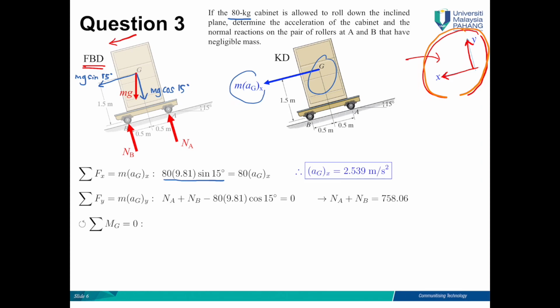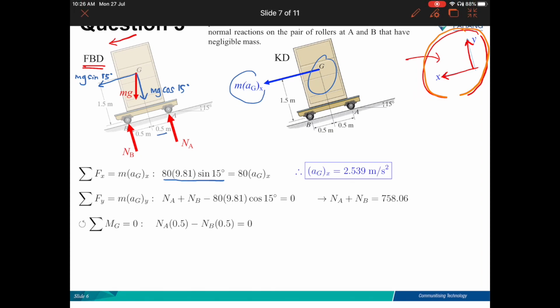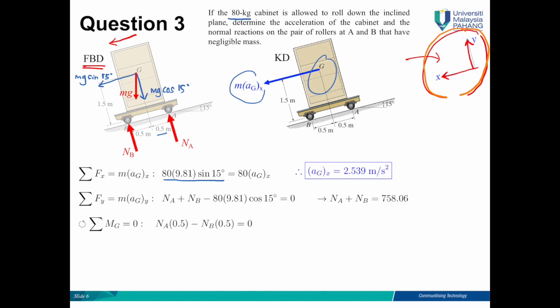So we have to move on to the third equation, which is the moment calculation. The total moment equals 0 because there is no rotation, and we have NA times 0.5, which is this, going counterclockwise.